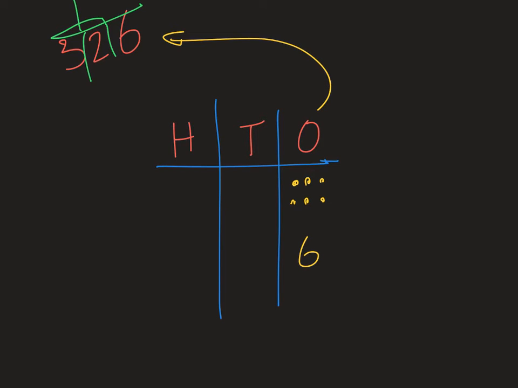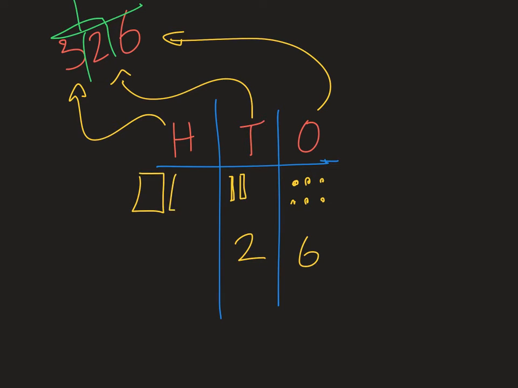All right, now we look at the tens place. How many tens do we have? 2. So we have 10, 20, 2 tens. And last but not least, let's look at the hundreds place. How many hundreds do we have in 326? Right, 3. 1, 2, 3.